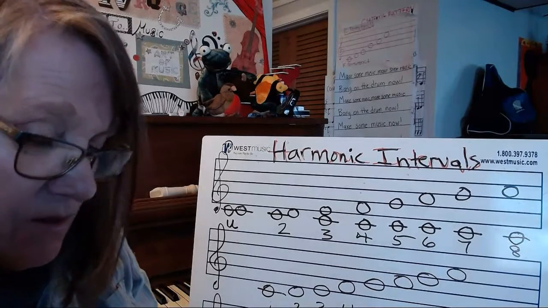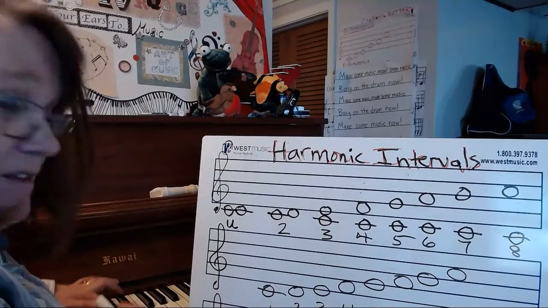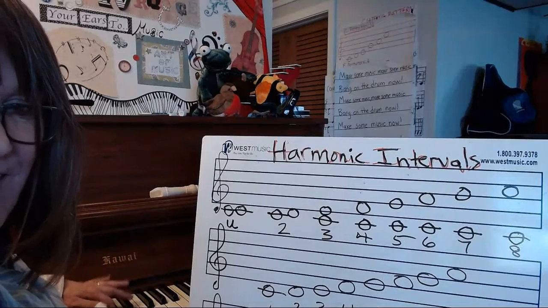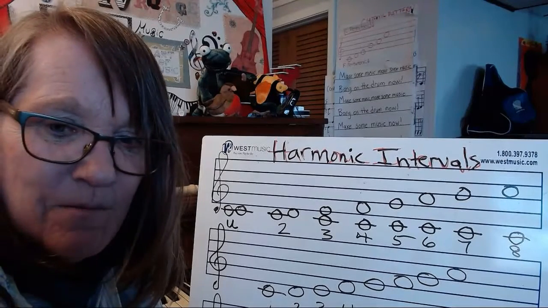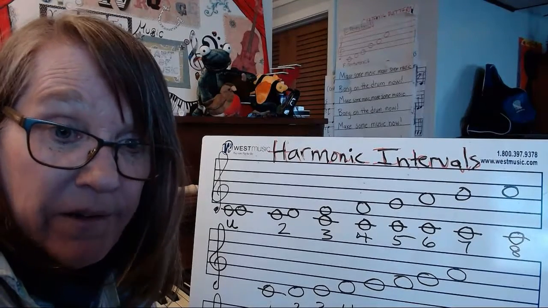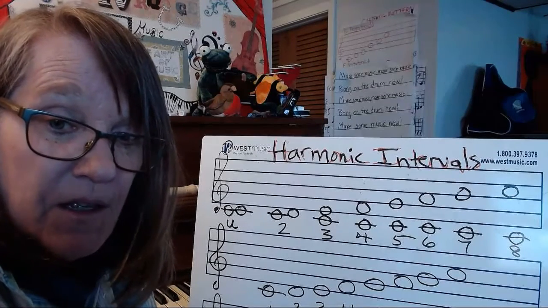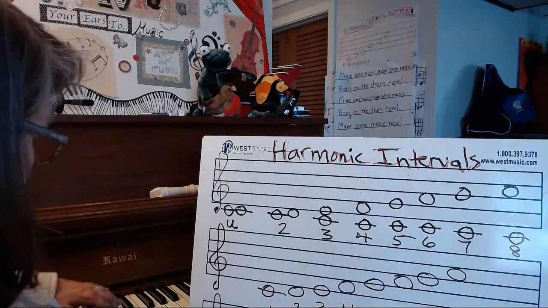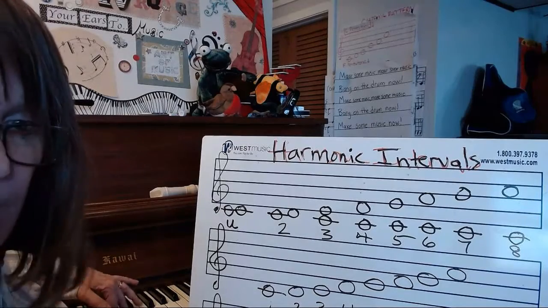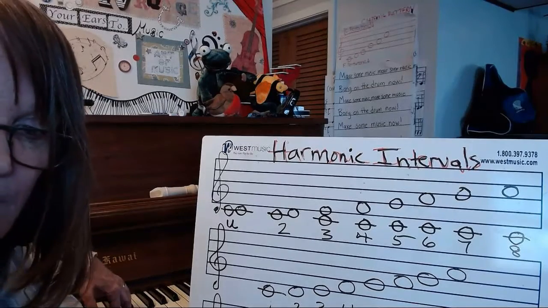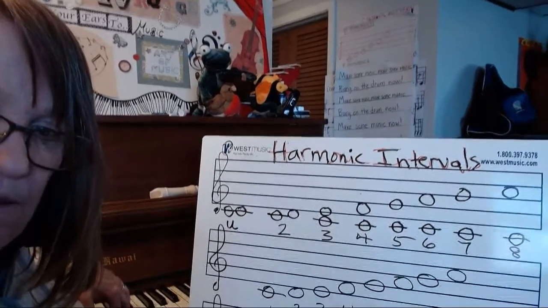So two C's would sound like, right? It's the same note. But that's one. And instead of calling it one, we call it U or prime. Then the second one, going from C to D, that is called a second.